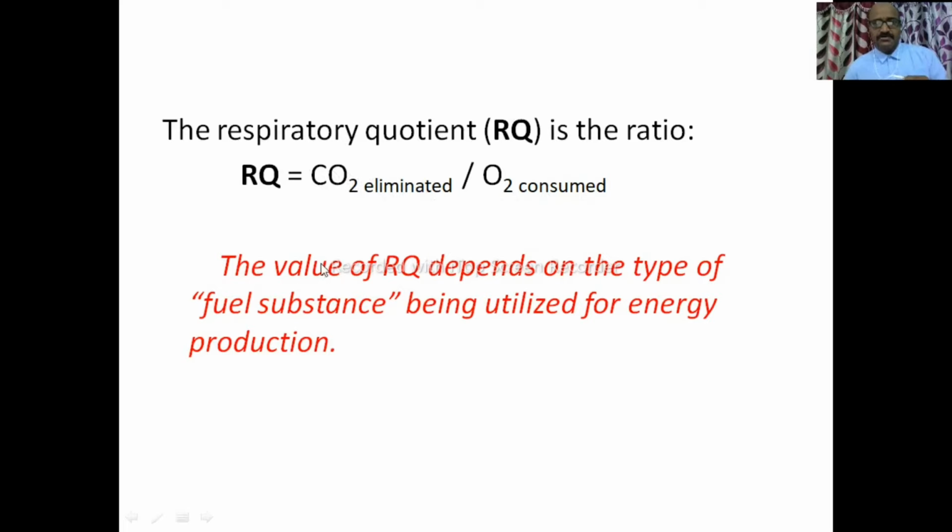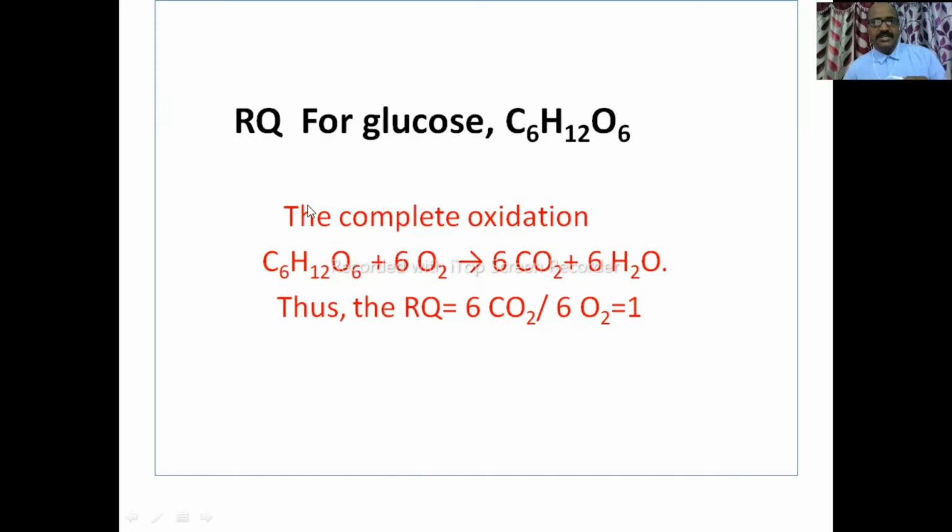Okay, so the value of RQ depends on the type of fuel substance being utilized for energy production. The RQ value varies from fuel to fuel, from one substance to another. For example, in the case of glucose, the formula is C6H12O6.